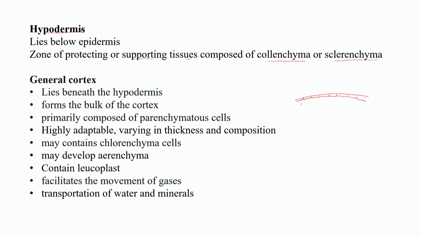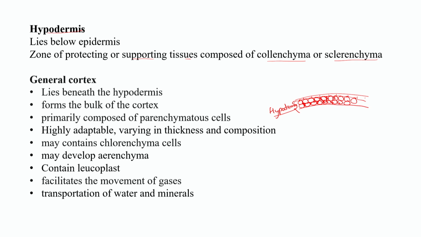So if this layer contains collenchyma or sclerenchyma, we call it hypodermis. In monocots as well as in dicots, we can have hypodermis. Suppose these are the collenchymatous tissue, we call them hypodermis. It definitely provides support because the tissue types present are those which provide support to the plant.